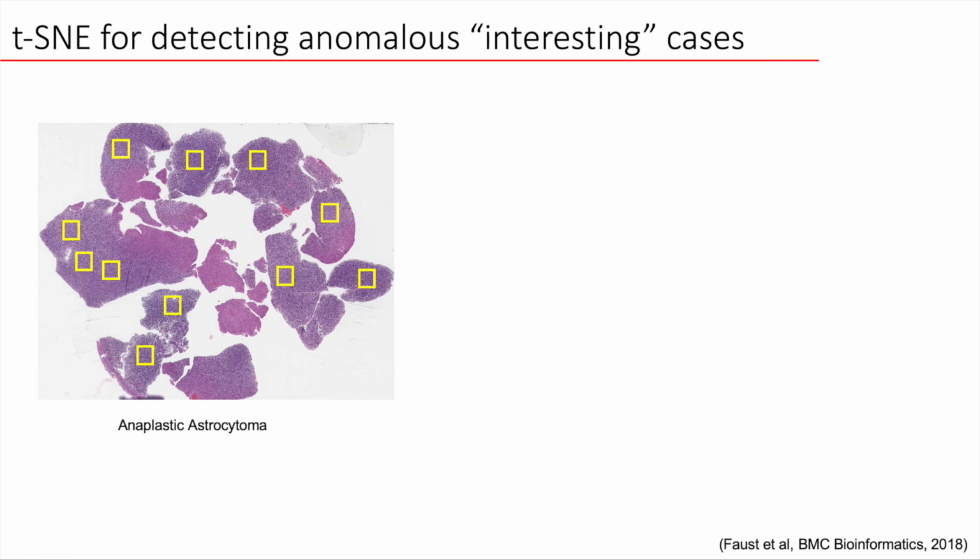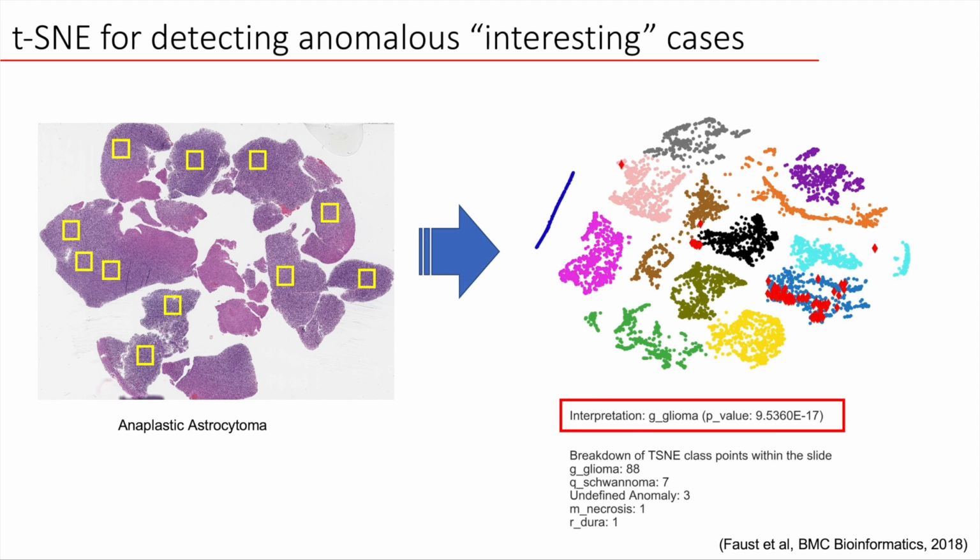So here is a test case of an anaplastic astrocytoma. We want to classify it and understand its relationships to other lesions. So what we can do is take these randomly selected areas and plot them on this t-SNE plot.